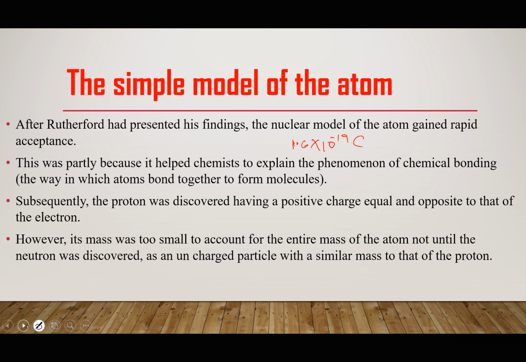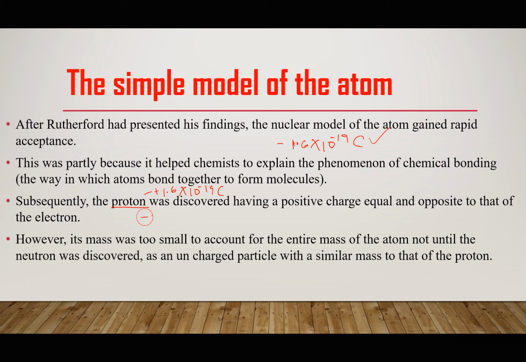However, its mass was too small to account for the entire mass of the atom, not until the neutron was discovered as an uncharged particle with a similar mass to that of the proton. So, when the proton was discovered, its charge was found to be opposite to the charge of the electron, so the charge was found to be positive 1.6 times 10 to the power of minus 19 coulombs. Unfortunately, its mass was too small to account for the entire mass of the atom.